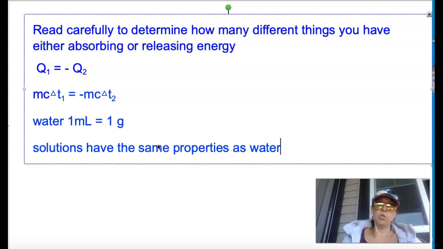The majority is water. So if we have a solution and it gives us the volume, we can do the same thing. We can say that a mil is equal to a gram. We're also going to assume that the specific heat capacity of a solution is going to be the same as that of water, okay?